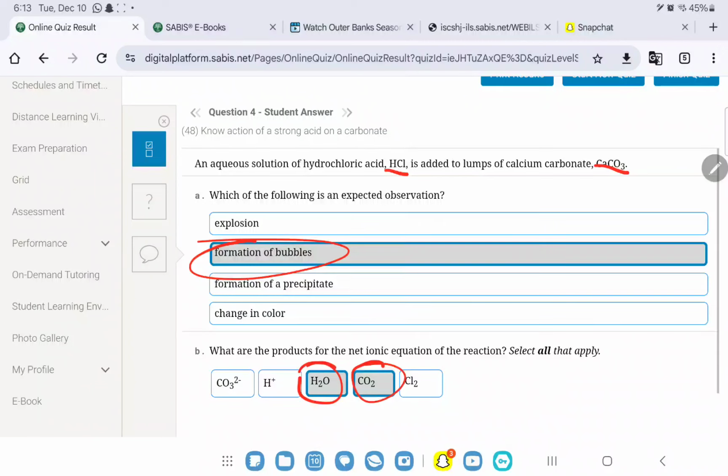That's your two answers, because look, acid plus carbonate, this is the net ionic equation, gives CO2 plus H2O. That's it. Memorize. So these two.